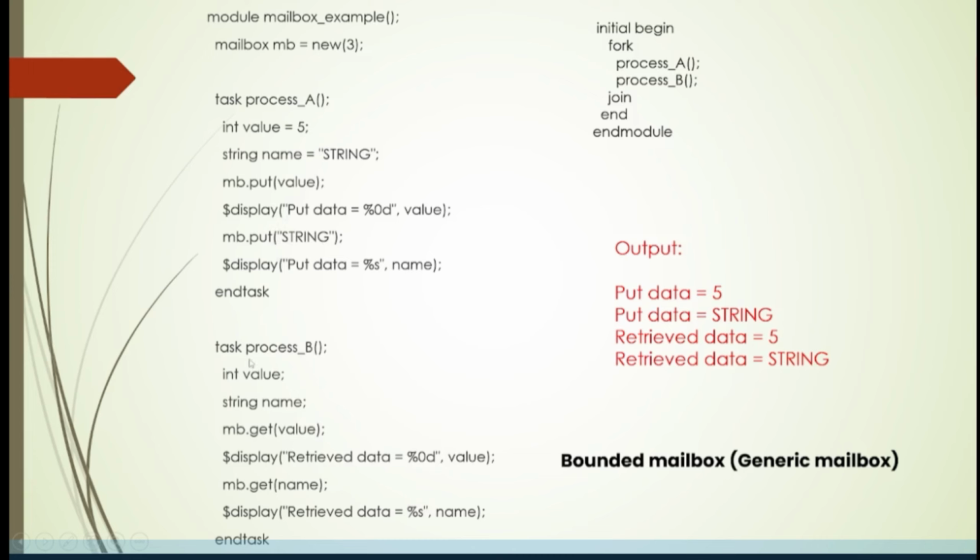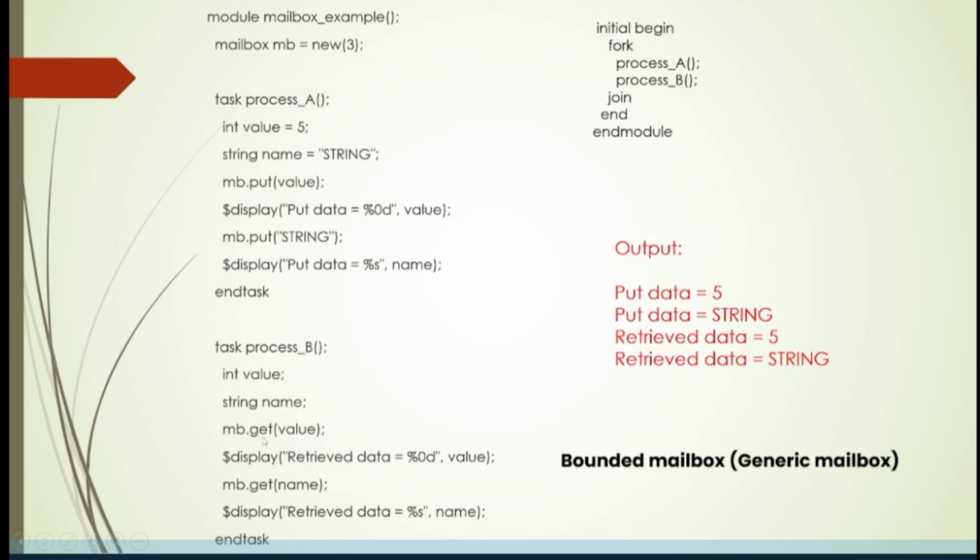Then I have created another process where I am taking two data types, value and name. But what I am doing is getting the values from the mailbox. If you see here, I didn't assign any value to my value and name. You can write the same name here, or you can use another name also.